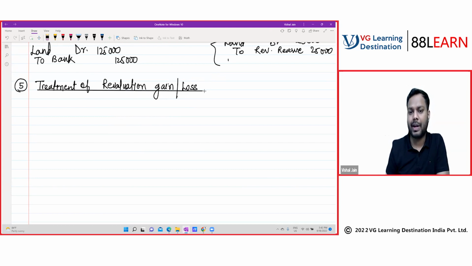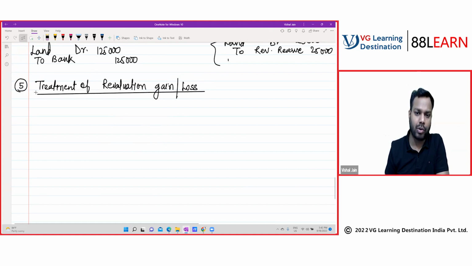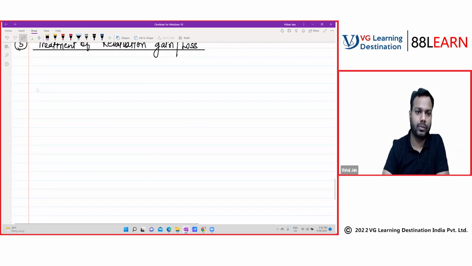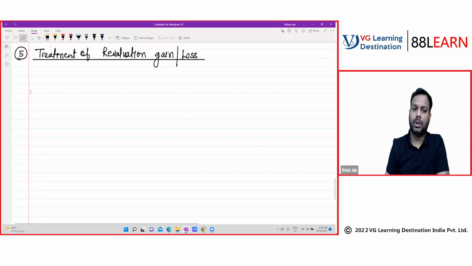Now, it cannot be the case that every time we do fair valuation, there will be a gain only. There can be a gain, there can be a loss, it can be both ways. Now, treatment of revaluation gain or loss.